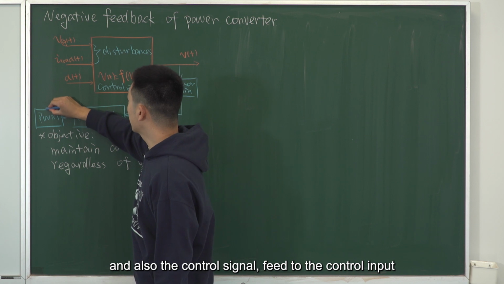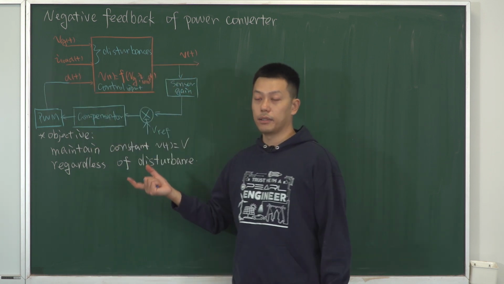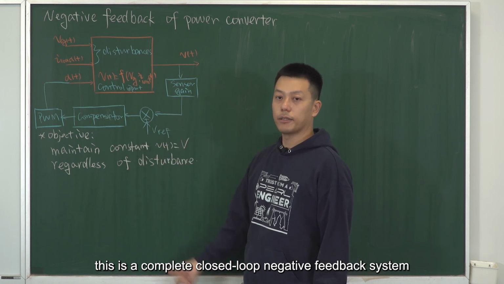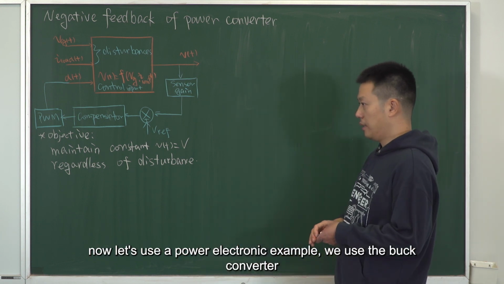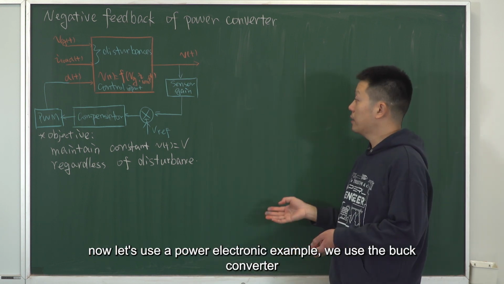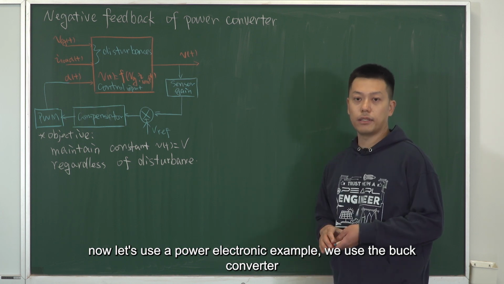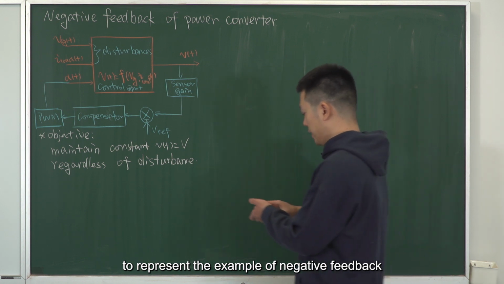And also the control signal and feed to the control input. So this is a complete closed-loop negative feedback system. Okay, now let's use a power electronic example, right? We use the buck converter to represent the example of negative feedback.